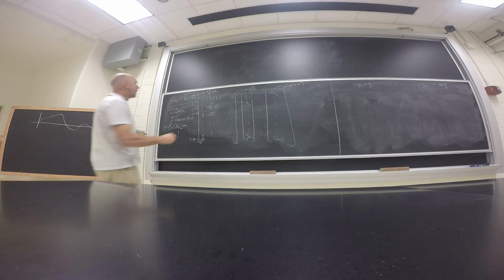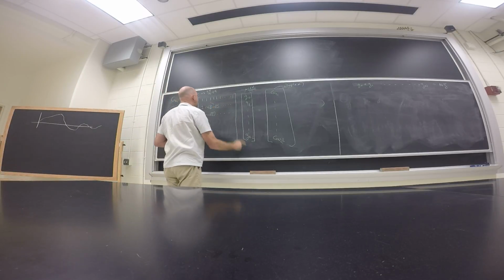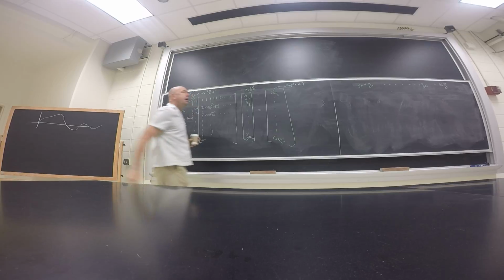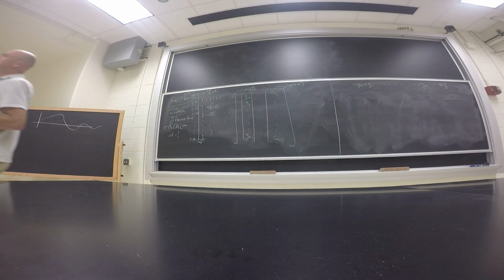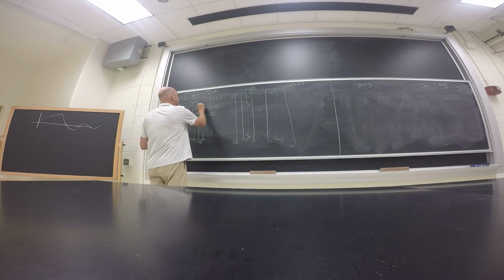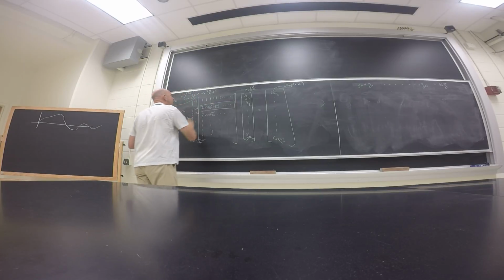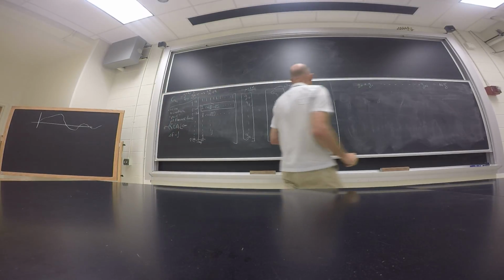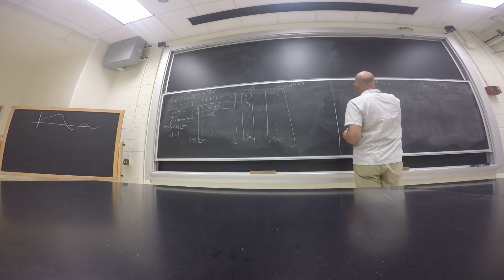Simply multiplying the g's by a cosine function. So if I think about this bracket right here, what am I going to have there?